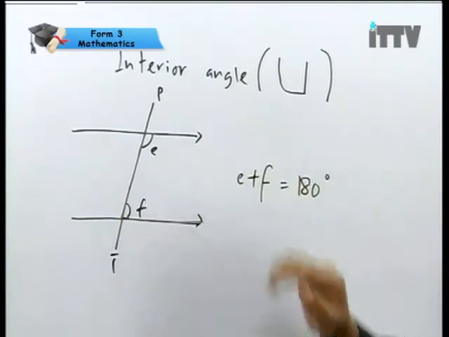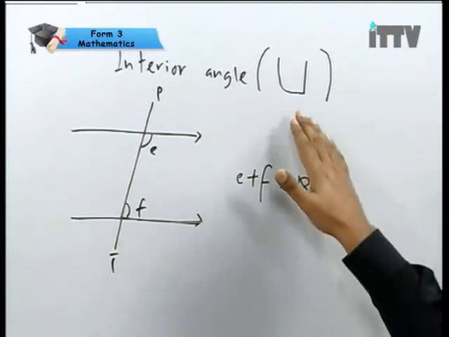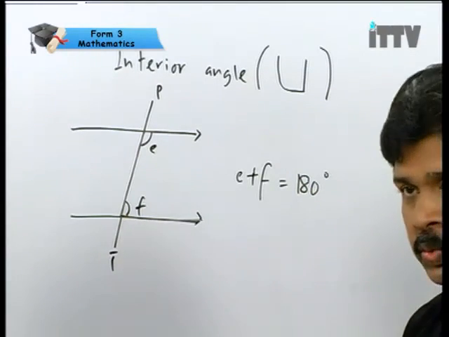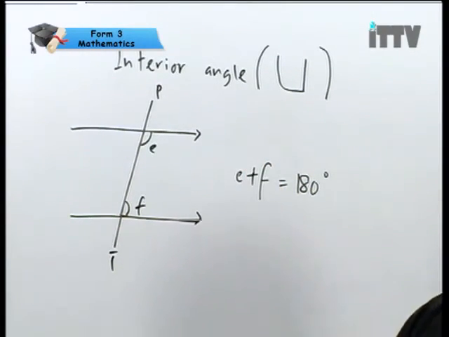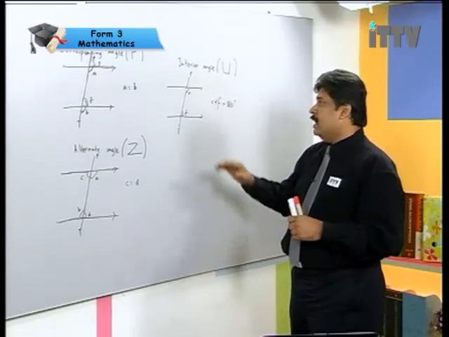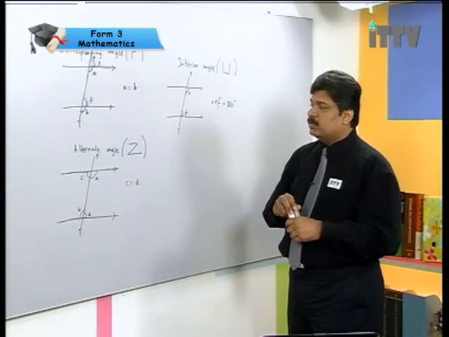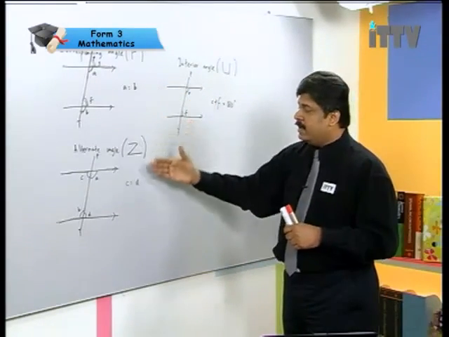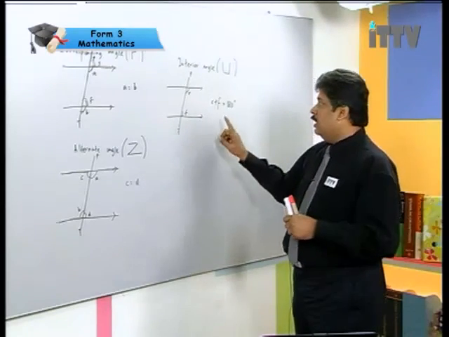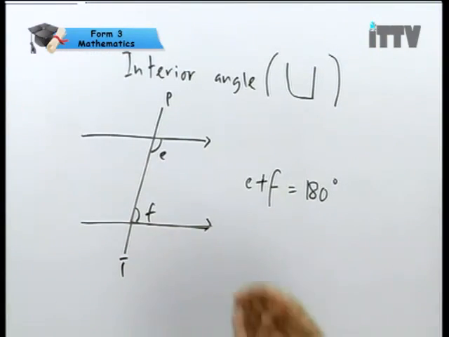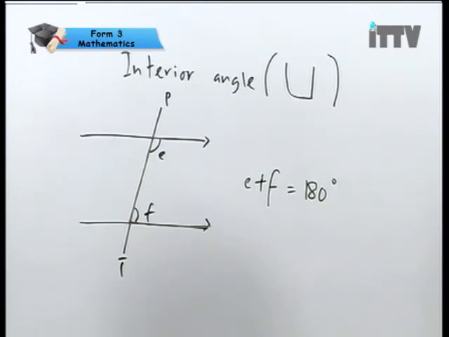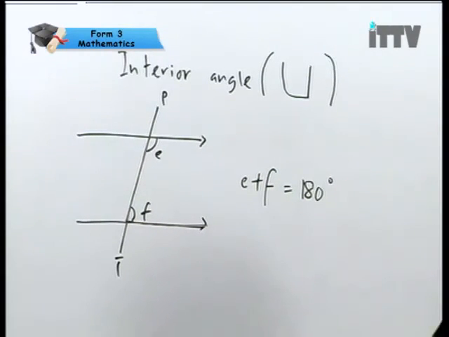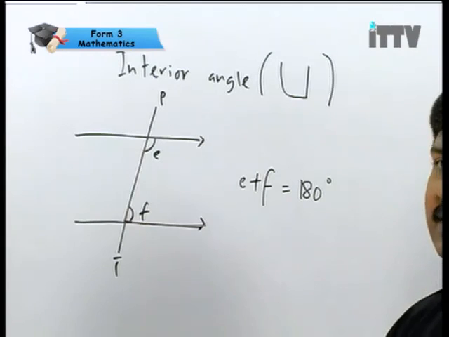And finally, for the interior angle, we have to identify the squarish U. What is important here, boys and girls, is unlike corresponding angles and alternate angles where their angles are equal, under the interior angles, let's say angle E and F, their sum must be 180 degrees.